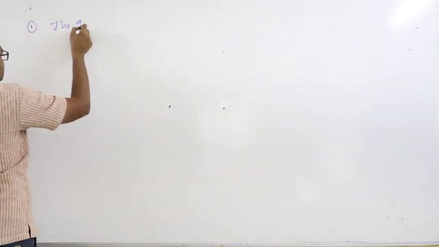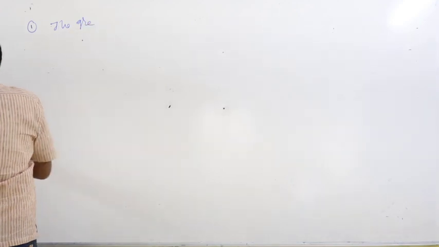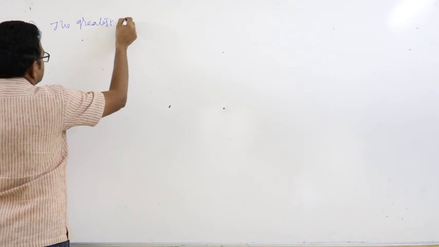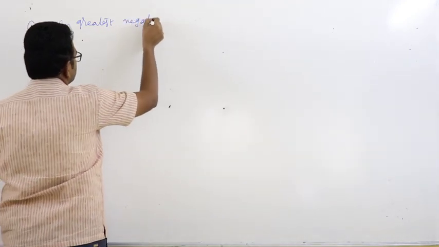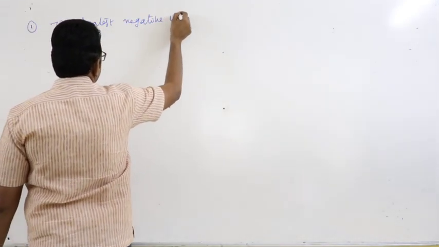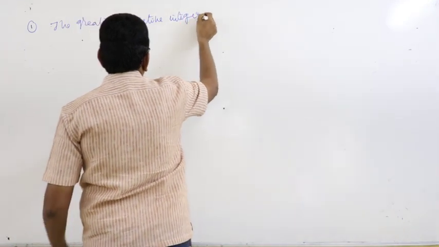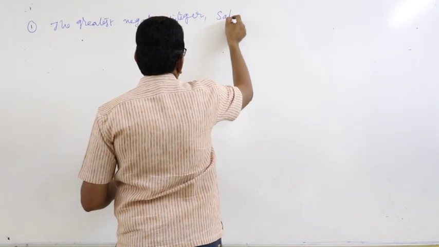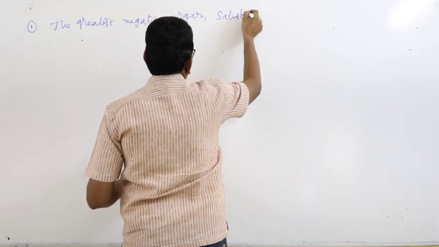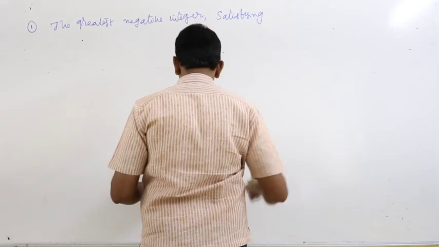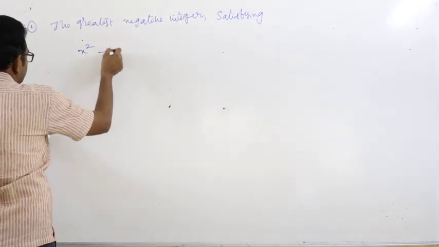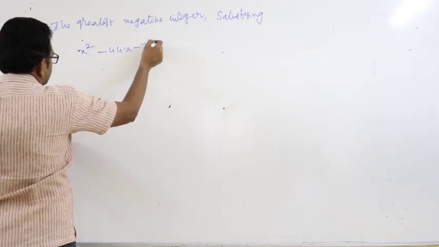The greatest negative integer, 3 minutes. Greatest negative integer satisfying x square minus 4x minus 77.